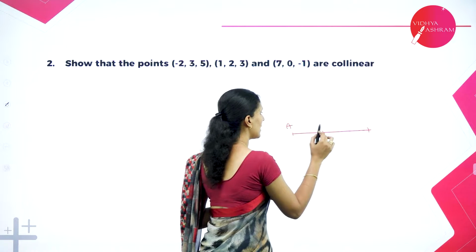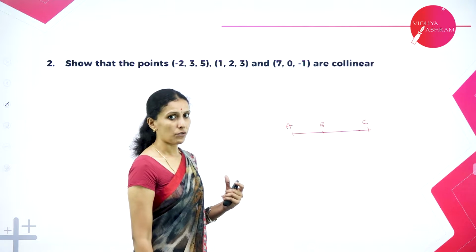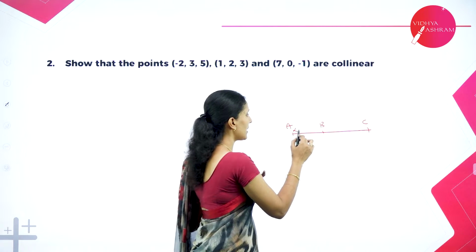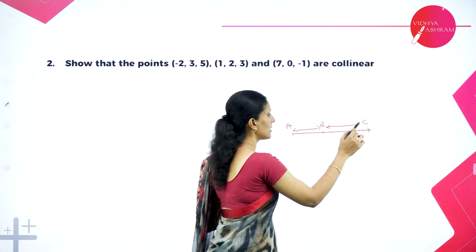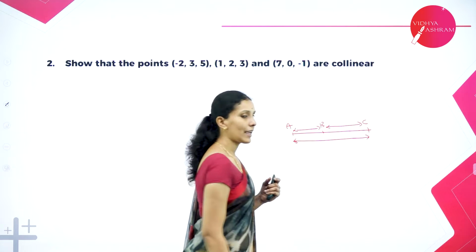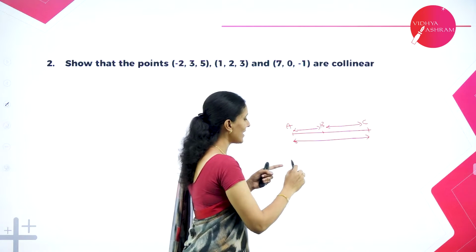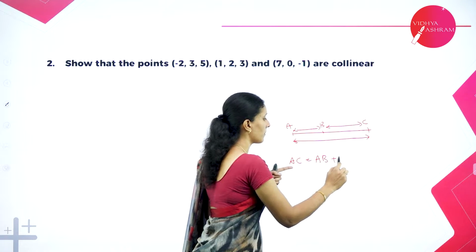Let me consider this as A, B, C. Let me apply the distance formula here. So the distance AB can be calculated using the distance formula. Again, the distance BC can be calculated. Again, the distance AC can also be calculated. So what I can see here, AC will be equal to AB plus BC.